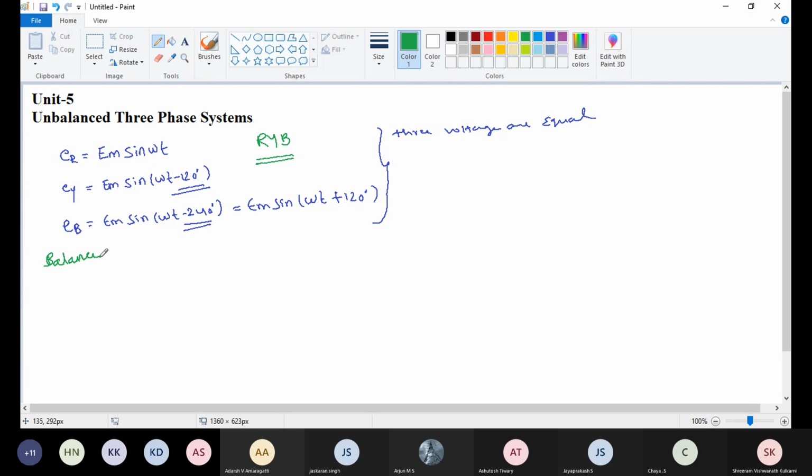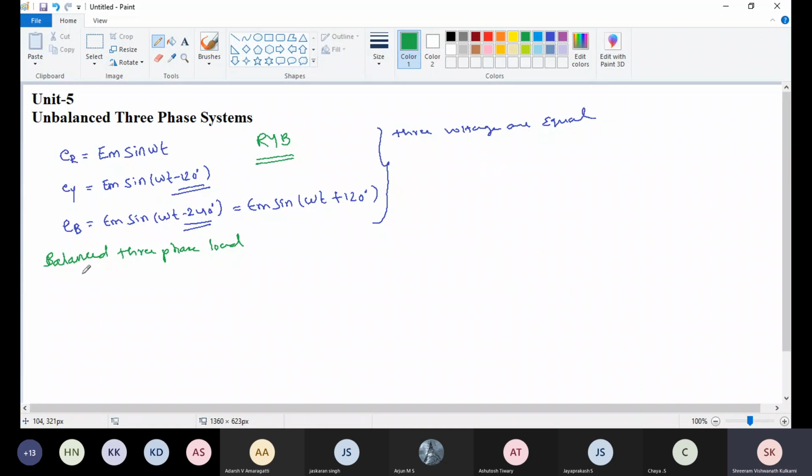If I say balanced three-phase load, all three loads, that is impedances, are of the same nature and displaced by 120 degrees, and the magnitude will be the same. So I can call those loads a balanced three-phase load.